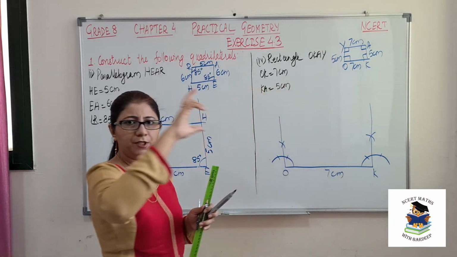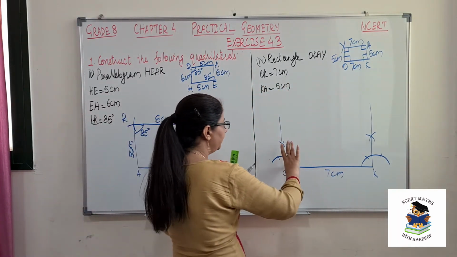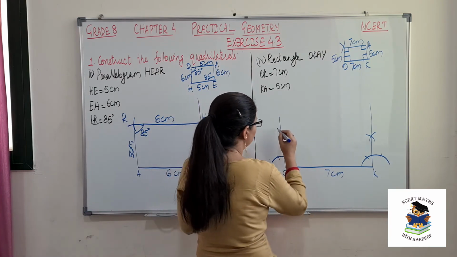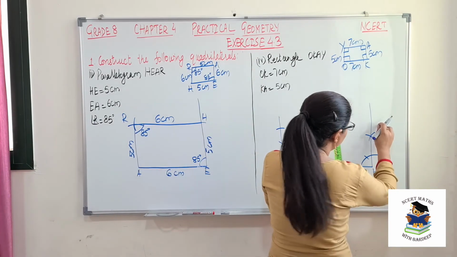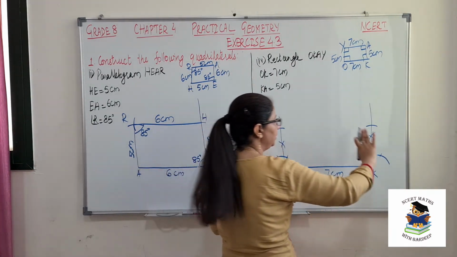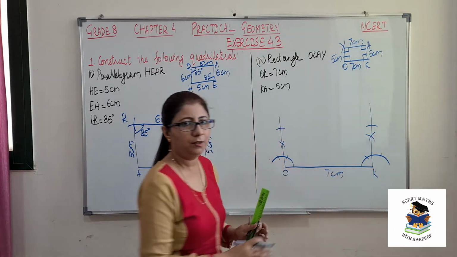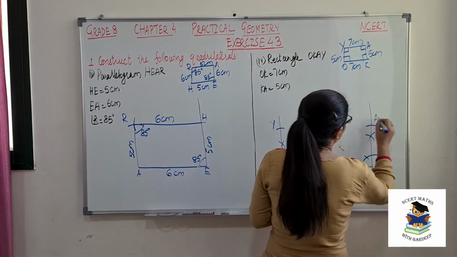So open your compass for 5 centimeter radius like this, and then keep your compass here, cut one line, let it be this. Same is for KA. So this side should also be 5 centimeters. So with the same compass, we will keep it here and mark the second point. So on this side, this will be Y, and on this side it will be A.